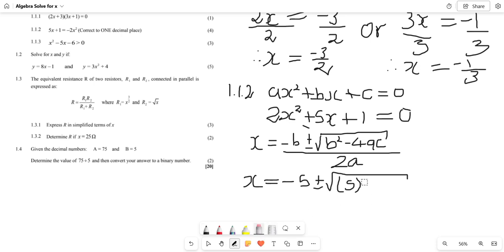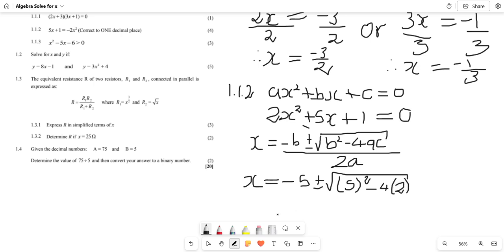Let us make sure that we have a correct square there. Minus 4, open bracket. Then the value of a is the coefficient of the x squared term. The value of a in this regard will be positive 2.